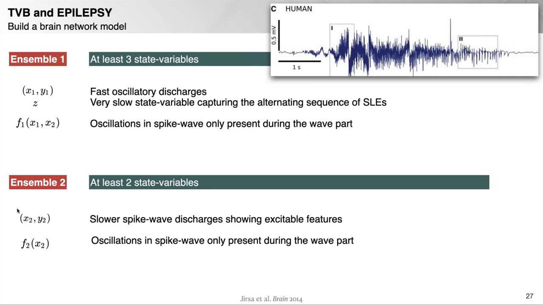But we also need one additional state variable that is acting on a very slow time scale, slower than the spike wave events. And it is necessary to capture the time course of the alternating sequence of seizure-like events, so between the interictal state, between seizures, and the ictal state, the seizures.